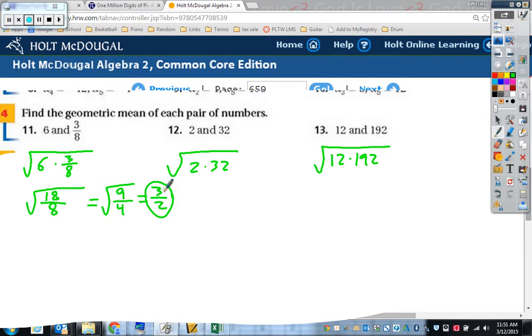For the next one, 2 times 32 is 64. And of course, the square root of 64 is 8. And then for 12 times 192, use a calculator for that one.